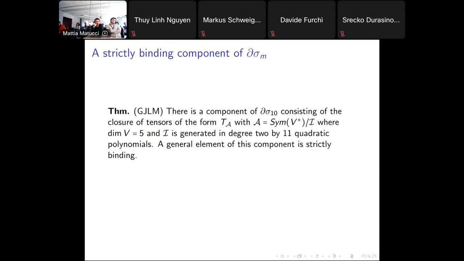But for the experts, here's the first example of a strictly binding component of the boundary. And this is the second example we're aware of. That's new. Of course, you can propagate the m equals 6 example I already showed you. You can boost it. But this is the first qualitatively new one we're aware of beyond m equals 6.